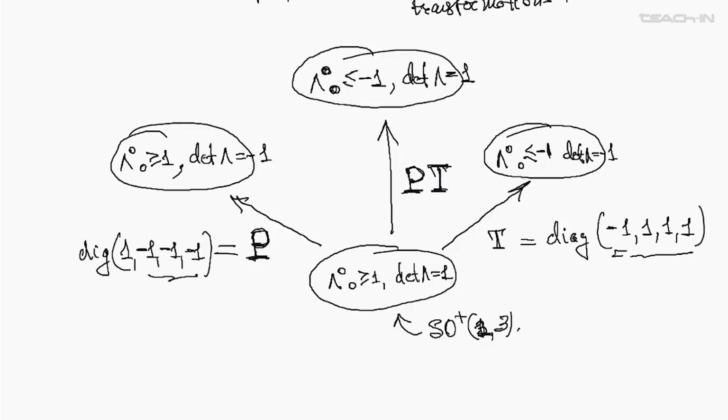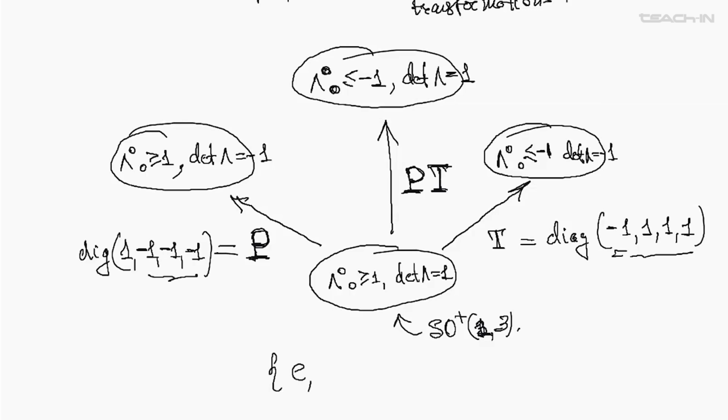So discrete operations which relate these topologically different components of the Lorentz group are the following. If I also add identity, which is simply the identity matrix in the group, this will be P, T, and PT.